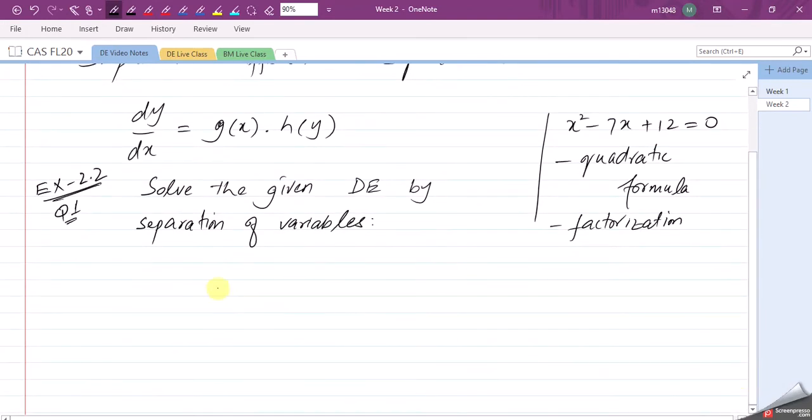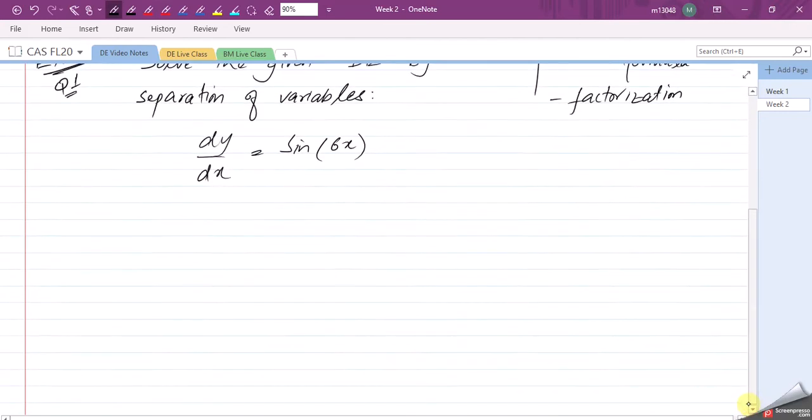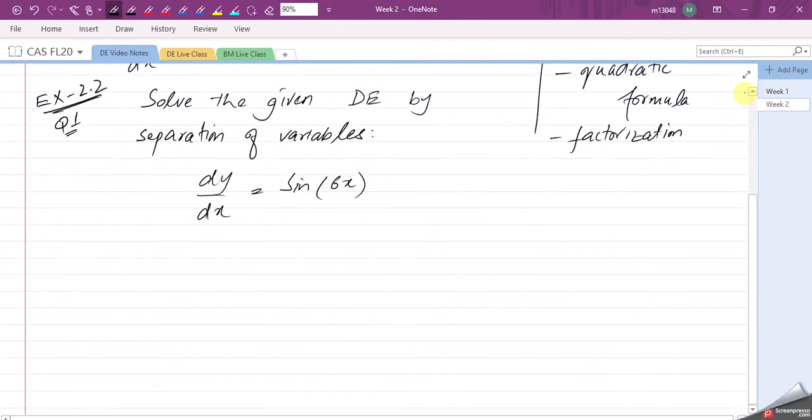So it is given in the question which method we have to use. Right.